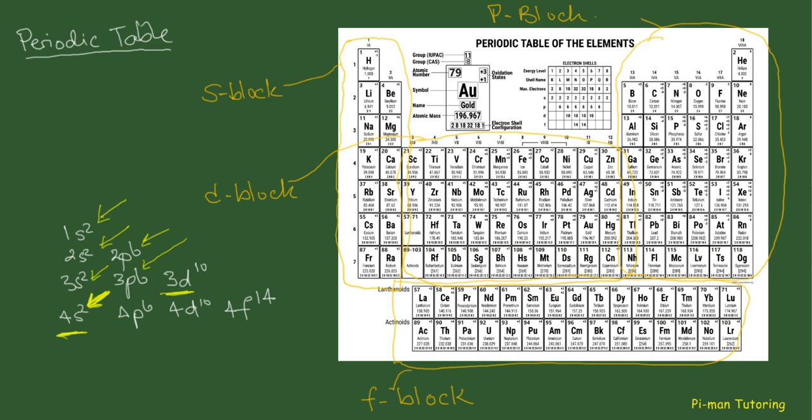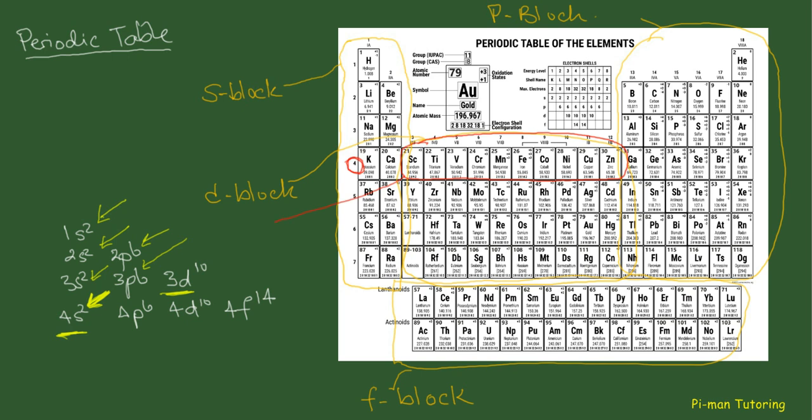And so that leads to a little bit of a quirk in the periodic table. So down here where the very first d block elements appear. We said previously when we were looking at the first three periods that the number of the period corresponds to the n number for that particular quantum level.